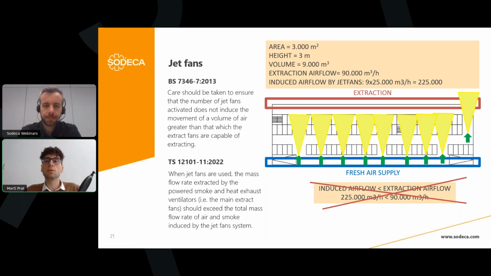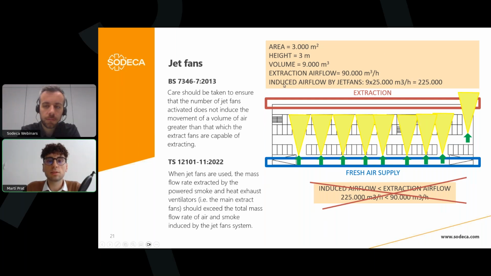And we want to avoid that because otherwise we are not extracting pollutants or the smoke in the event of fire. To avoid so, we always have to dimension the extraction airflow based on the induction airflow produced by the jet fans in parallel.